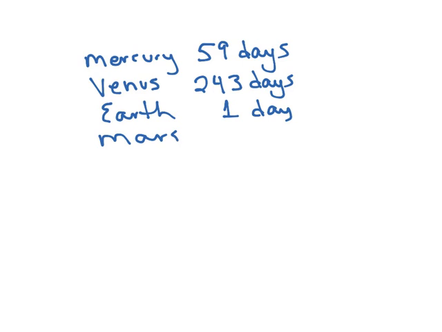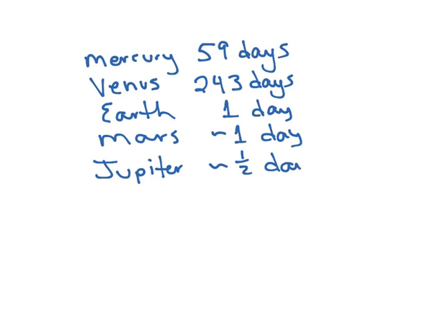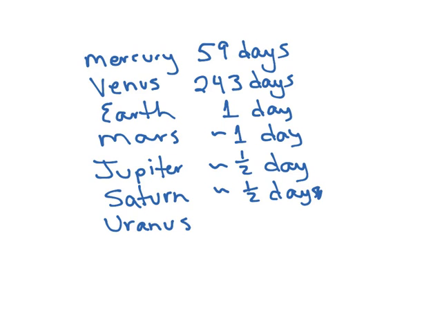Mars, almost 1 day. It's like 40 minutes longer. So for all intents and purposes, 1 day. Jupiter and Saturn, about half a day. Takes Jupiter a little less than 10 hours. Takes Saturn a little bit more than 10 hours. Half a day, not days. Uranus and Neptune, about 3/4 of a day.